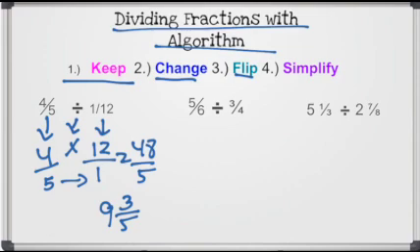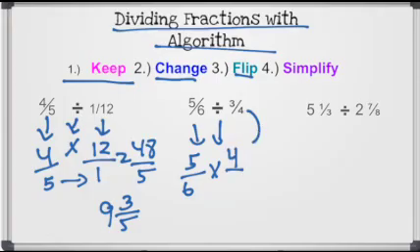Let's try the algorithm again. Keep the first fraction. Change division to multiplication. And multiply by the reciprocal, or flip the numerator and denominator. We can also simplify before we multiply. In this case, 4 and 6 are both divisible by 2.